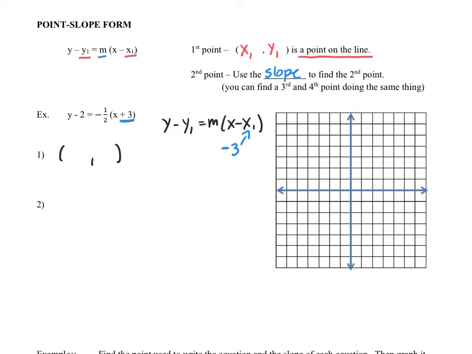So we're going to pull out the opposite of the value that we see because of that subtraction there in the formula for point-slope. So I'd say, okay, in the original formula, in order to get plus 3, I would have substituted in a negative 3. So my x value is going to be a negative 3, the opposite of positive 3. Now for my y, I have minus 2.